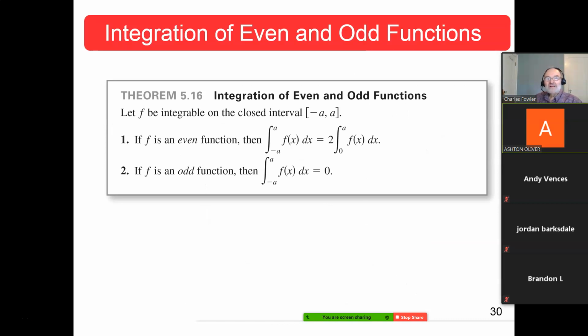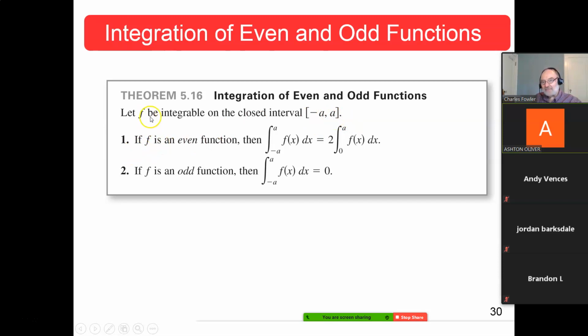So here's the theorem that backs up what we just said. Let f be integrable on some closed interval minus a to a. Notice that's a symmetric interval. It goes minus a on one side, plus a on the other side, exactly the same distance on both sides.